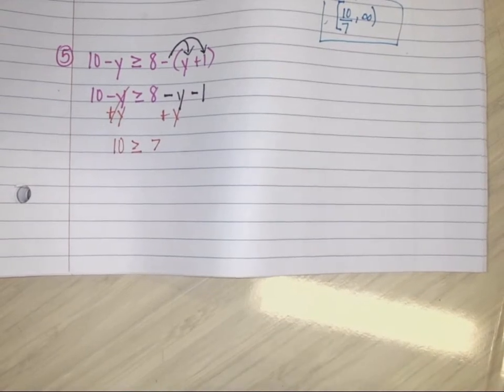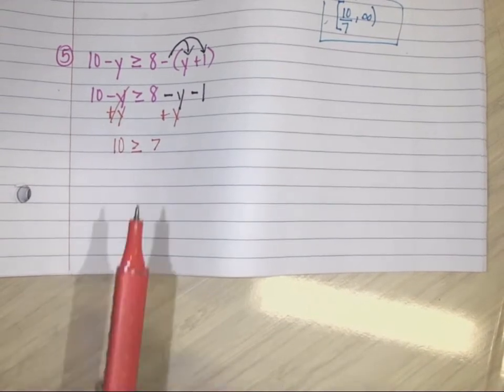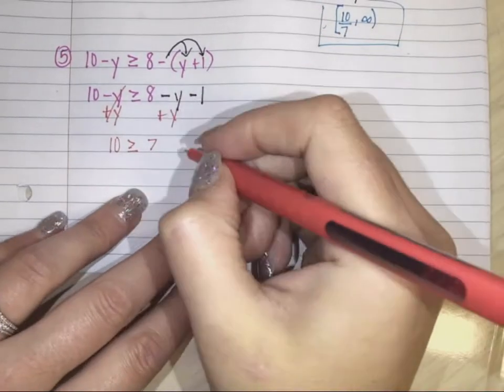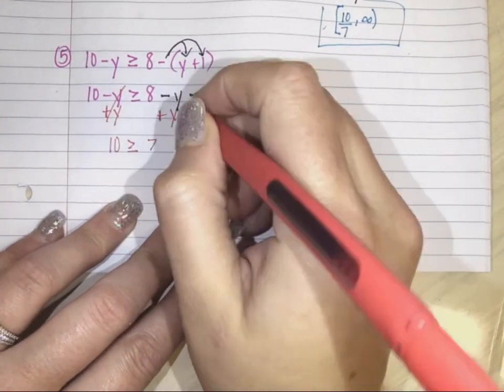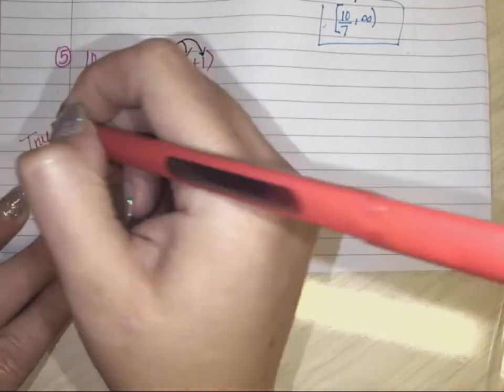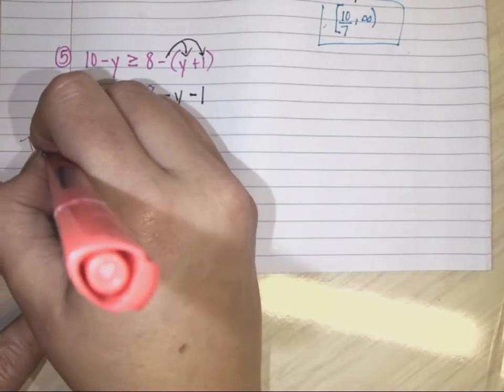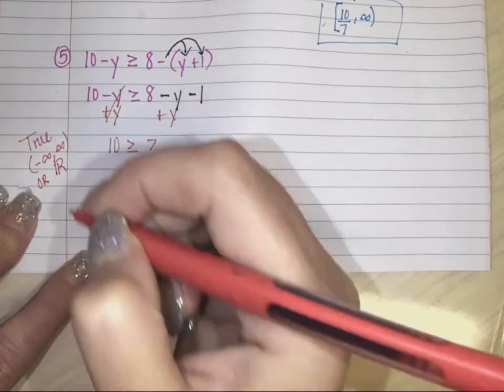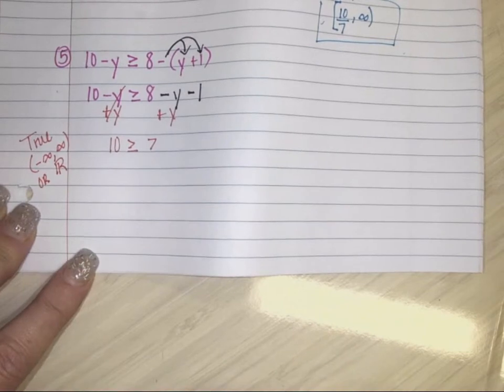Recall, even in an inequality, if you're left with a true or false statement: if it's a true statement, we're going to say negative infinity to infinity, or you can write double bar R, because it will be all real numbers.